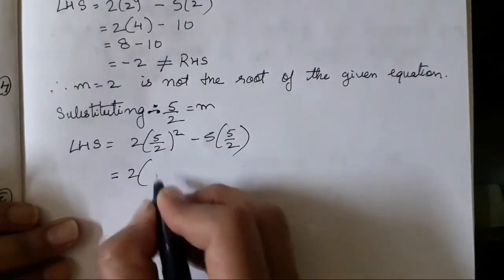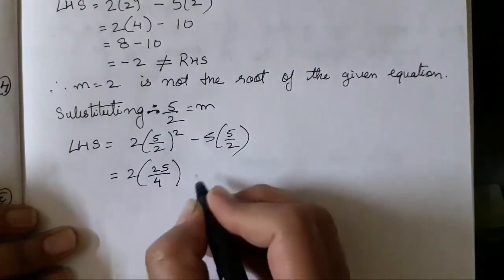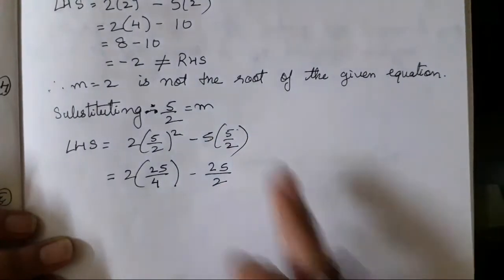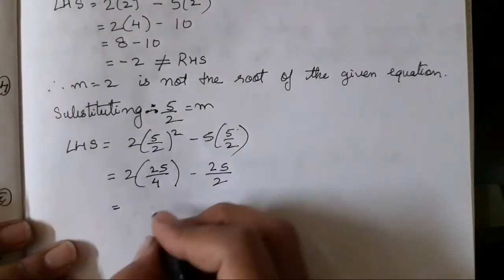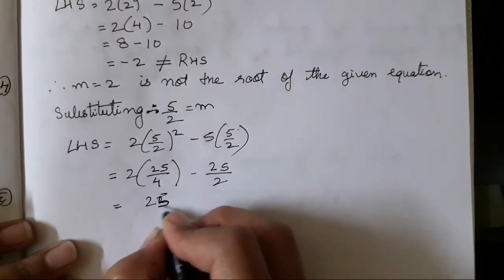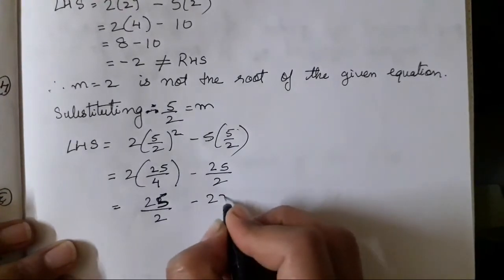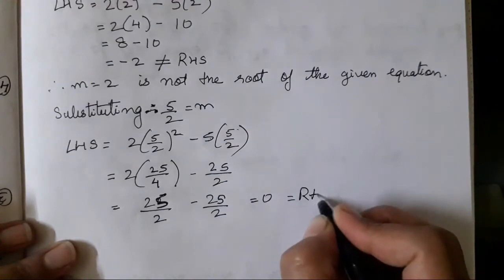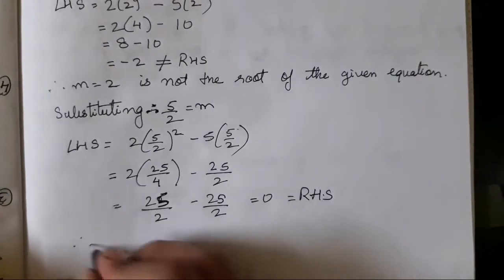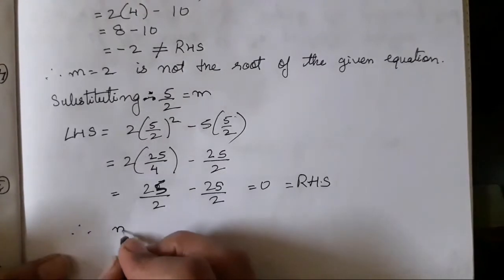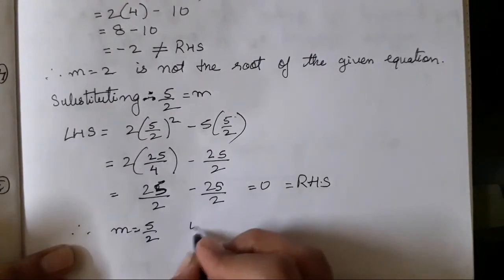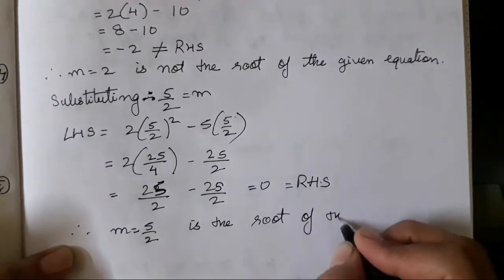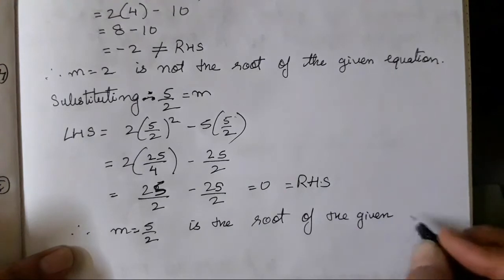So it is going to be 2 into 25 square, you all have to take. 5 twos are 10, and then you all have to multiply it with 5. 25/2 minus 25/2. The answer is going to be 0, which is equal to RHS. Therefore, m is equal to 5/2 is the root of the given equation.